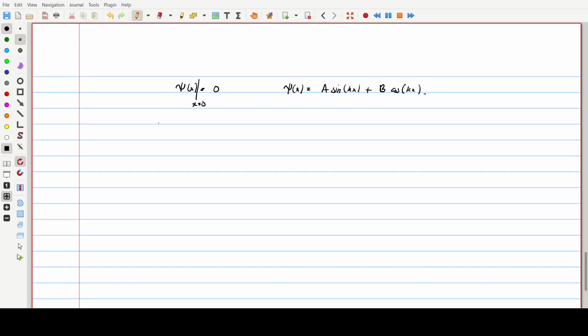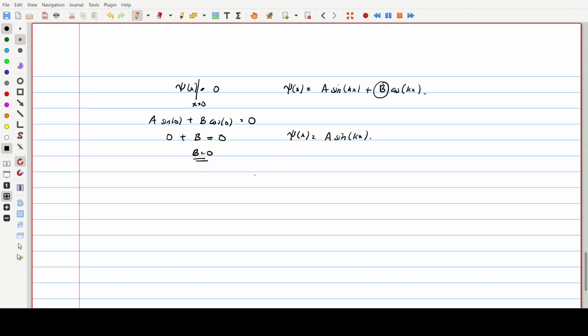So psi of x at x equal to 0 becomes A sine 0 plus B cos 0 equal to 0. So it becomes A into 0, which is 0, plus B into cos 0, which is 1. So 0 plus B must be 0, which means B must be 0. So this constant of integration must be 0. That means we can simply write psi of x as A sine kx.